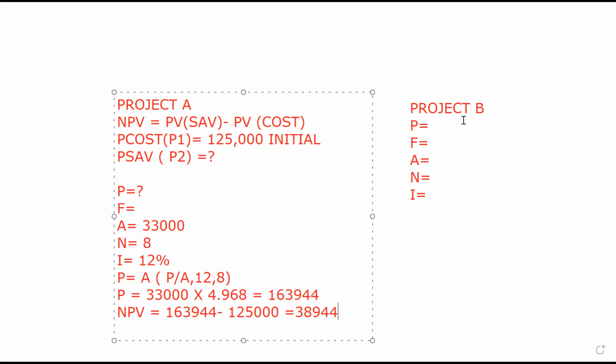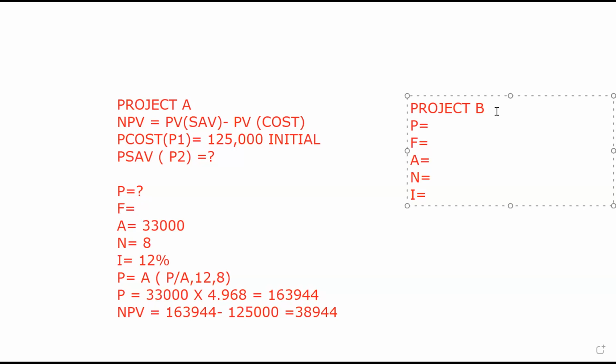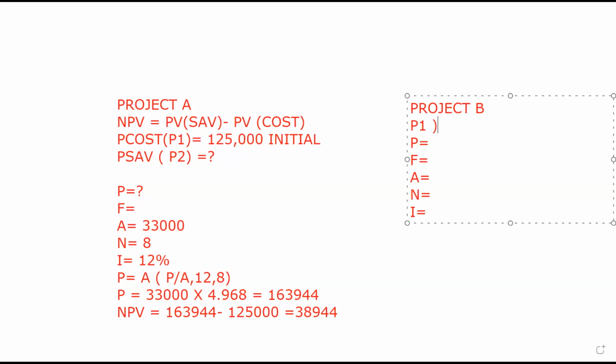So for project B now, we still know the formula for NPV. What is the P cost, or P1? What is it costing us today? 453,000. And then what is the P2, the savings?